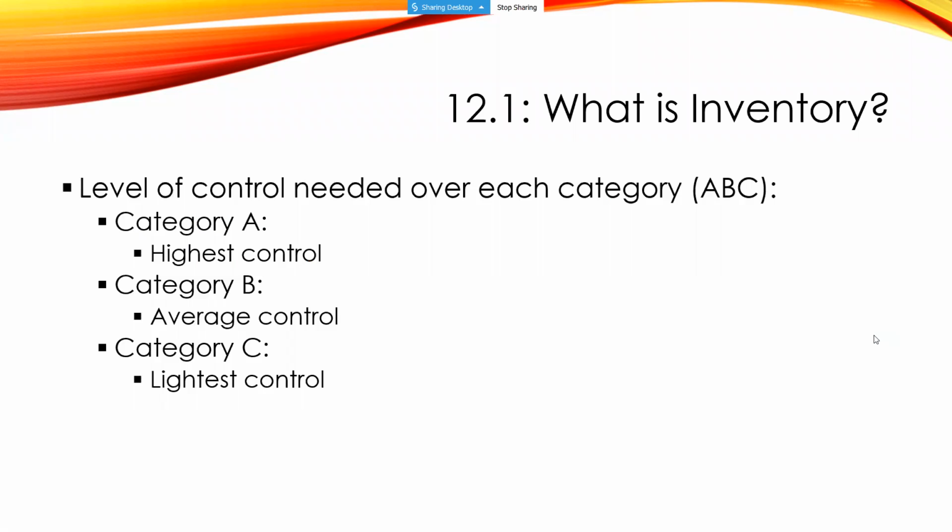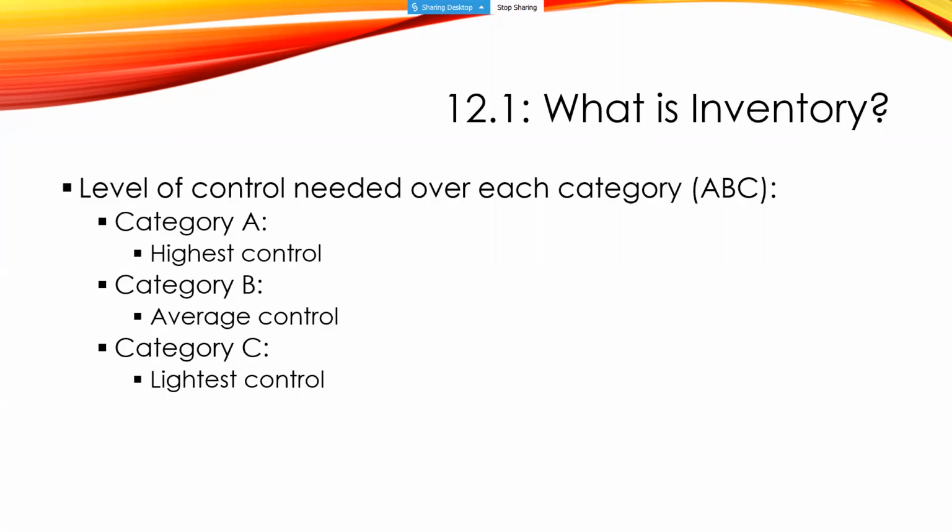So your category A is going to be the goods over which you have to have the highest control. They need the most attention. The records need to be the most accurate. They're almost like, remember back to financial accounting, we talked about the specific identification inventory method.